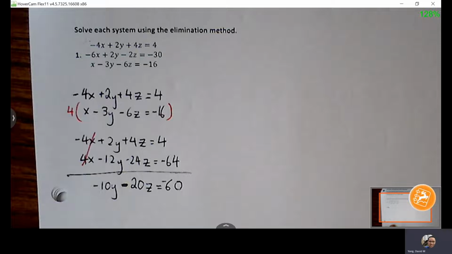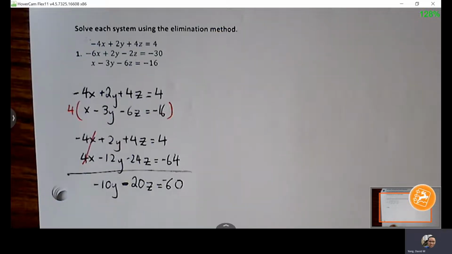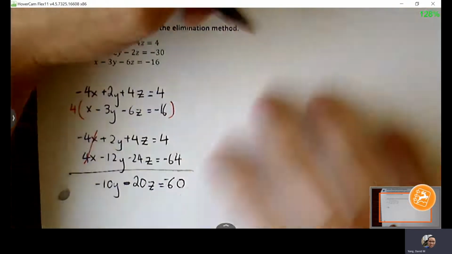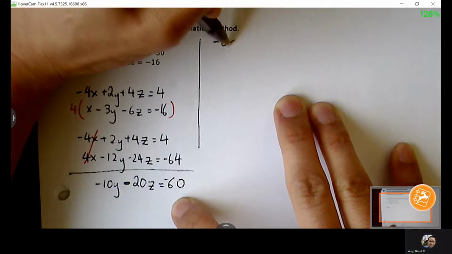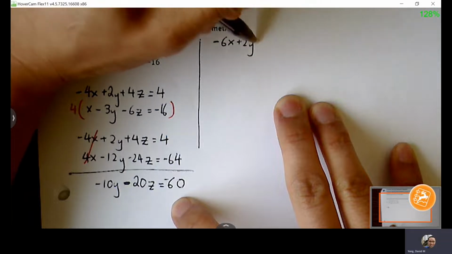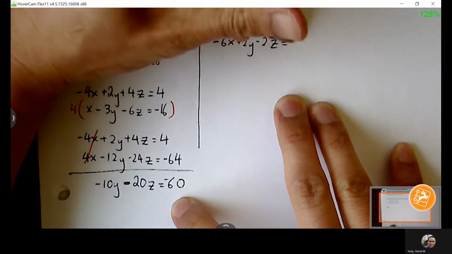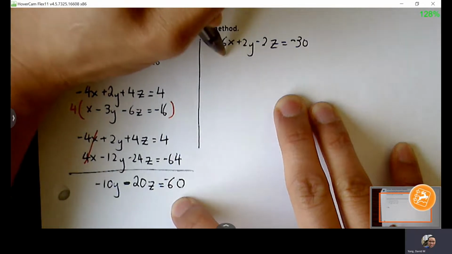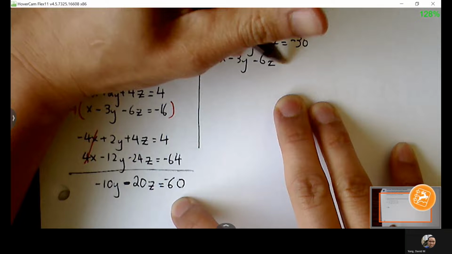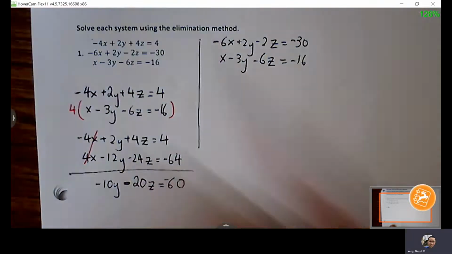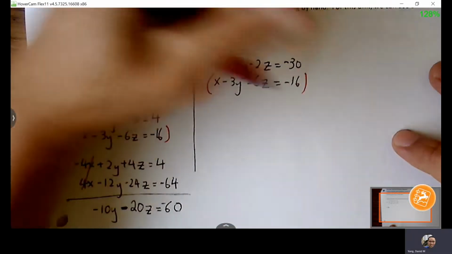So I'm going to target the second and third equation because it looks like it's easier to get the x's to go away faster. And then I'm just going to multiply the second equation by 6.